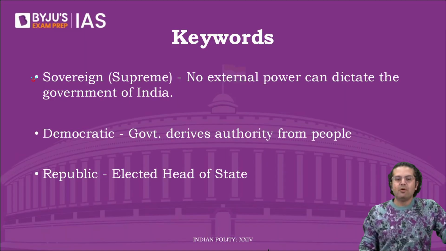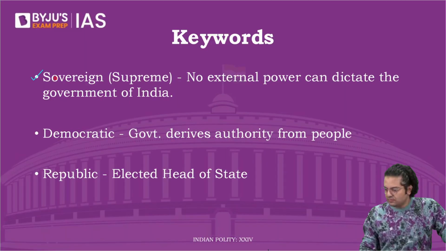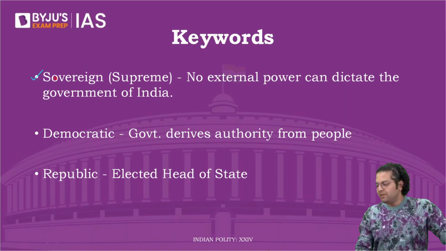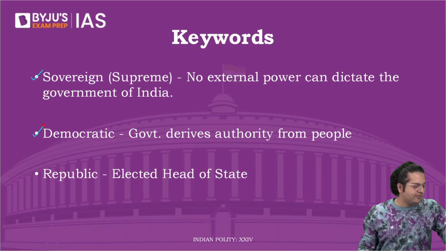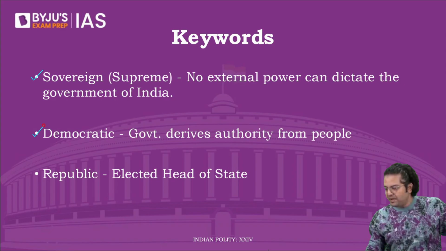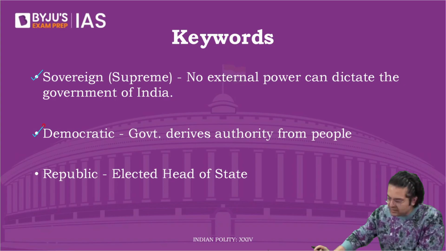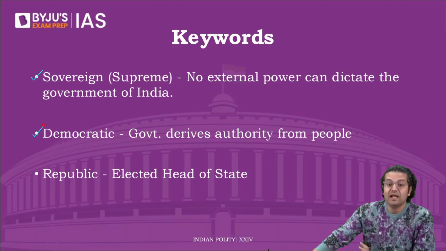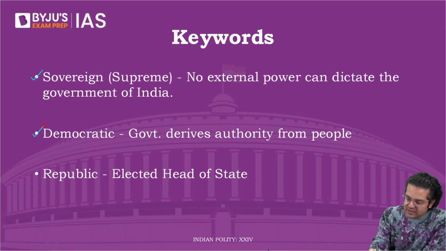Sovereign. Democratic. What is democratic? Government derives authority from the people: by the people, for the people, of the people, as Abraham Lincoln would have said. And republic. What's the meaning of republic? Republic refers to a state where the head is elected. In our country, who is the head of the state?